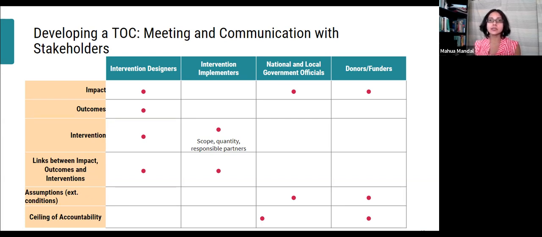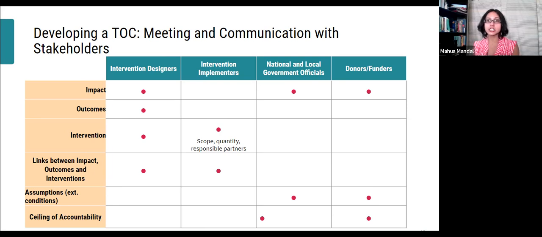But I do want to point out that some stakeholders will have more information about the theory of change than other stakeholders. So for example, with intervention designers, often you'll be able to focus more on the links between the impact, outcomes, and intervention categories. The intervention implementers will have a lot more information probably than other stakeholders on the specific types of interventions that are either being implemented or going to be implemented, including details such as the scope, the quantity, the people who are responsible.